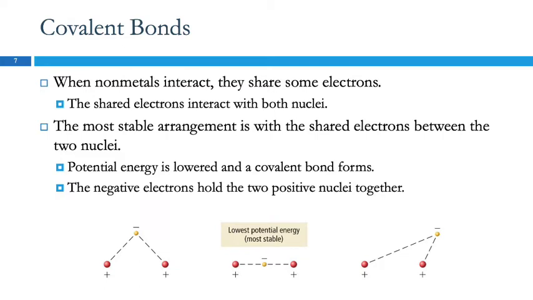And those shared electrons will interact with both nuclei and cause those atoms to be pulled together. So the most stable arrangement is when you have that shared electron between the two positively charged nuclei. That maximizes the attractions between the electrons and the nuclei. That lowers the energy, and a covalent bond is formed.